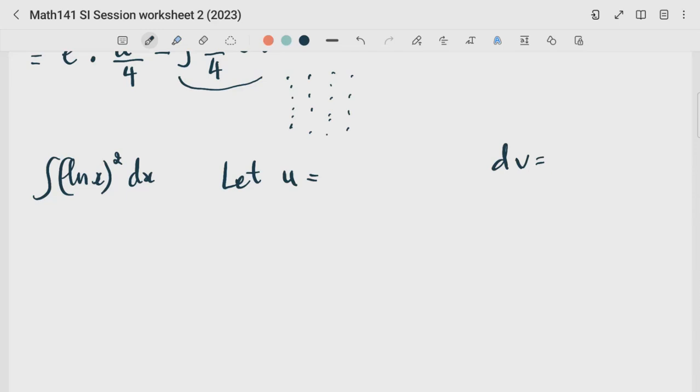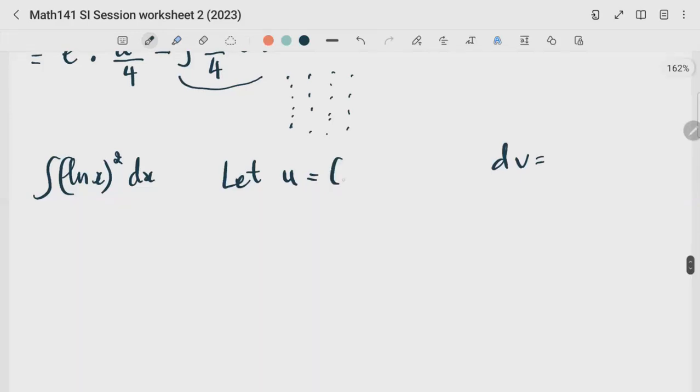You don't want to choose a function that is very hard to integrate as your dv. So in your opinion, what should be our u and what should be our dv, keeping that in mind? Okay, I think our u can be ln x squared and our dv should be dx.